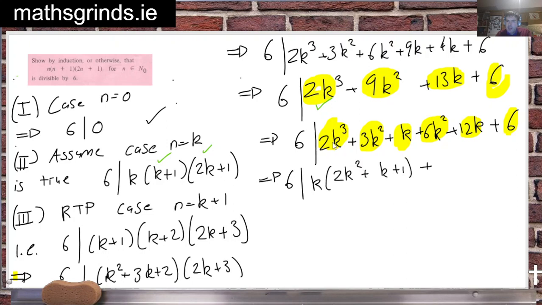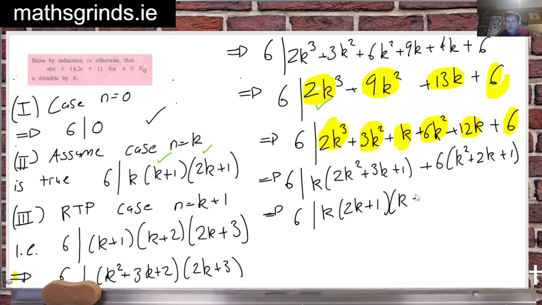So I took out the k here, so that's 2k squared plus 3k plus 1, and then I'll take out the 6 here, k squared plus 2k plus 1, and then I'll factorize, so that will be 2k plus 1 and k plus 1, 2k squared plus 6 k squared plus 2k plus 1.